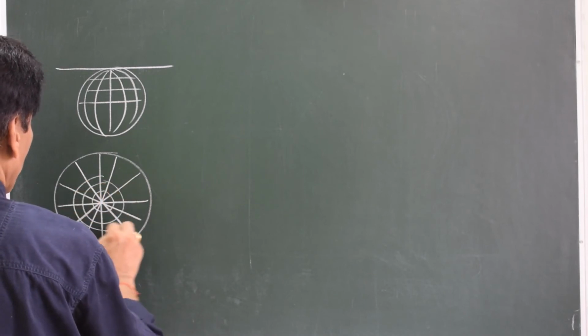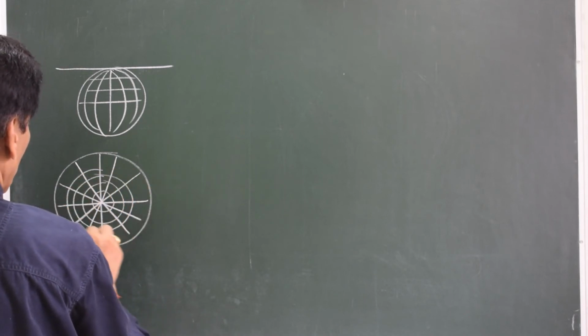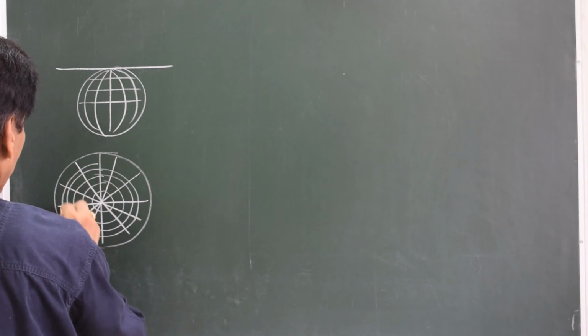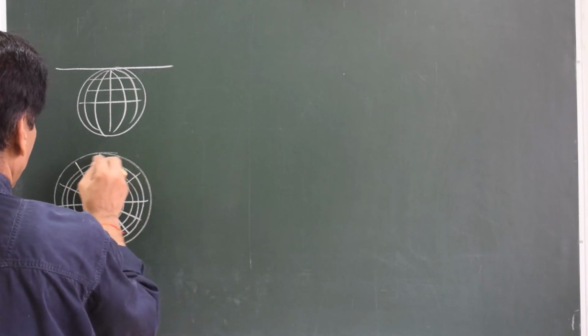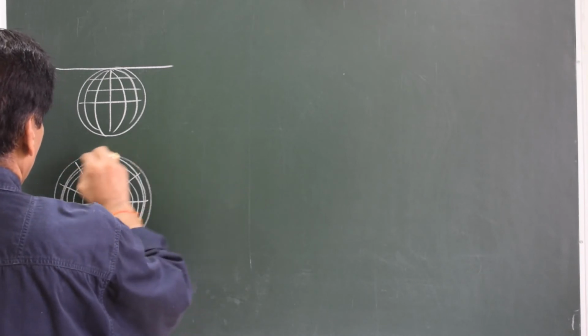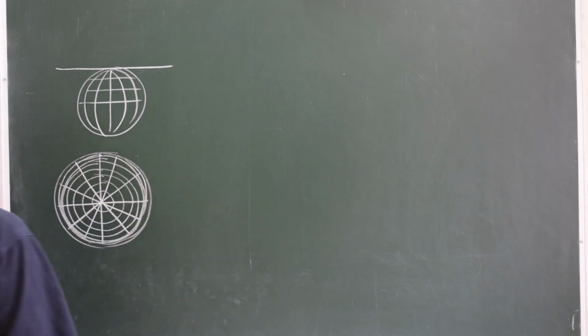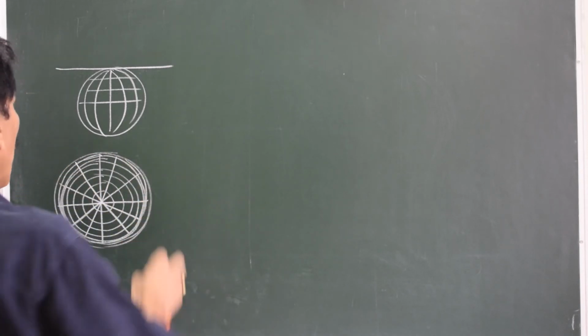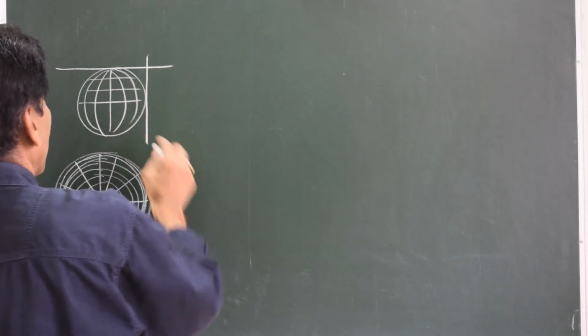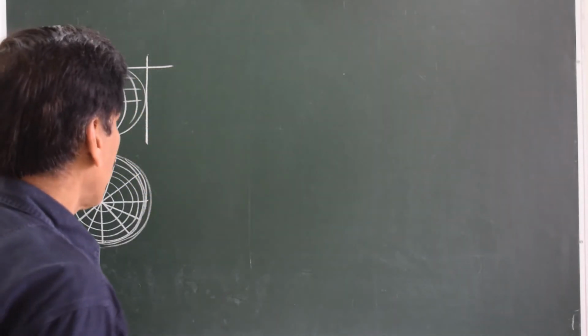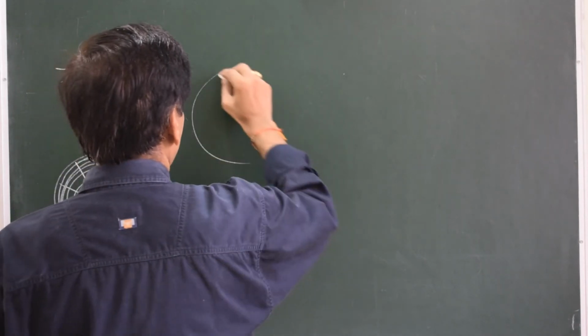The distance would reduce as you go towards the circumference, as you go towards the periphery, and the parallels of latitude would actually go very close to each other. Whereas if you have equatorial orthographic, let us see what happens.